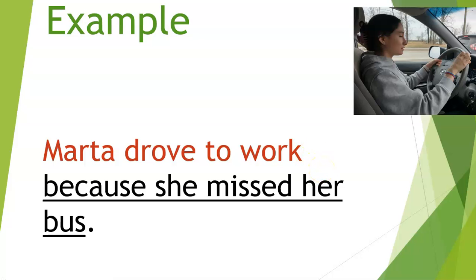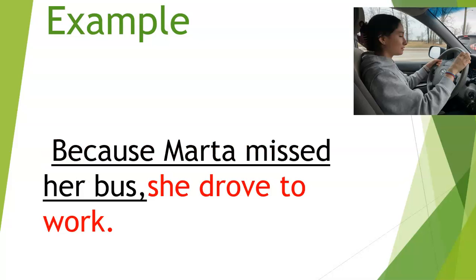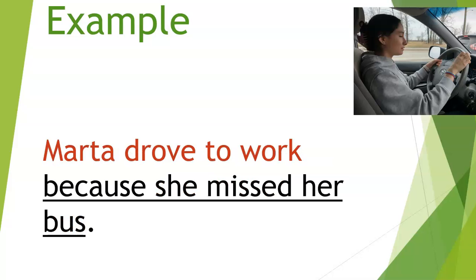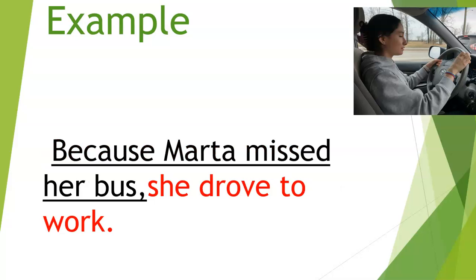Now, when we are writing complex sentences, we can say Martha drove to work because she missed her bus, or we can say because Martha missed her bus, she drove to work. So in other words, we can switch them around, right? Now, when we begin the sentence with the dependent clause, we must have a comma after that clause is finished.